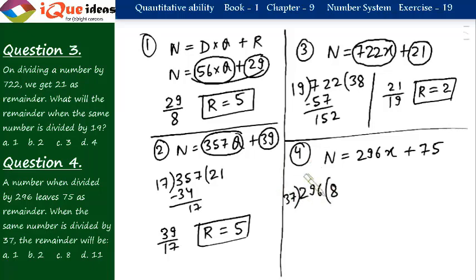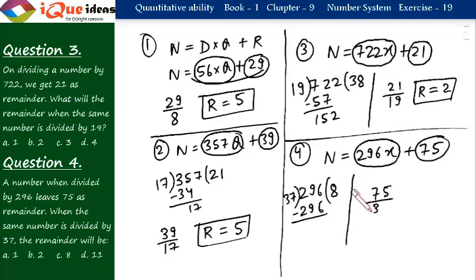Check, 8 sevens are 56, 5 remain, 5 carry forward. 8 threes are 24 plus 5, 29, right? So it is divisible. So 296x will not give us any remainder when divided by 37. The only remainder will come from 75. So divide 75 by 37 and find the remainder.